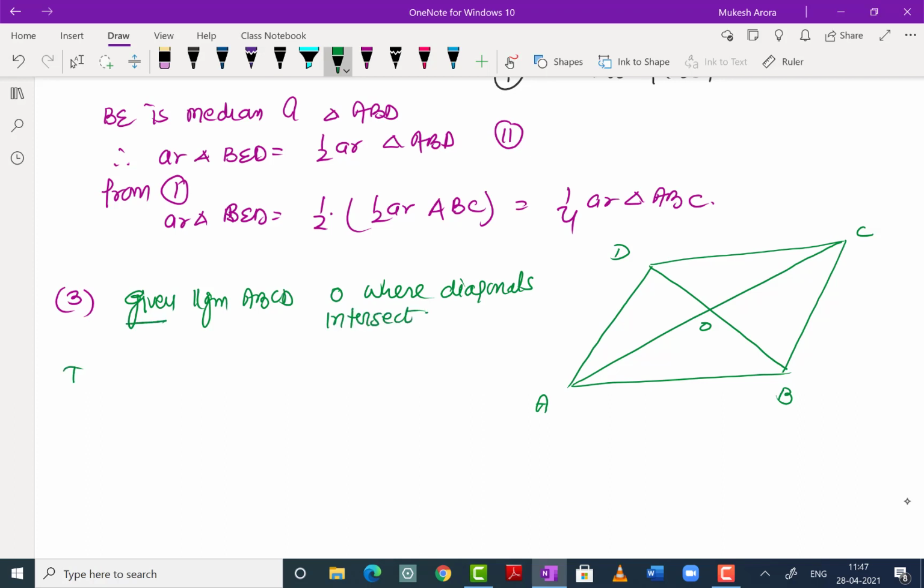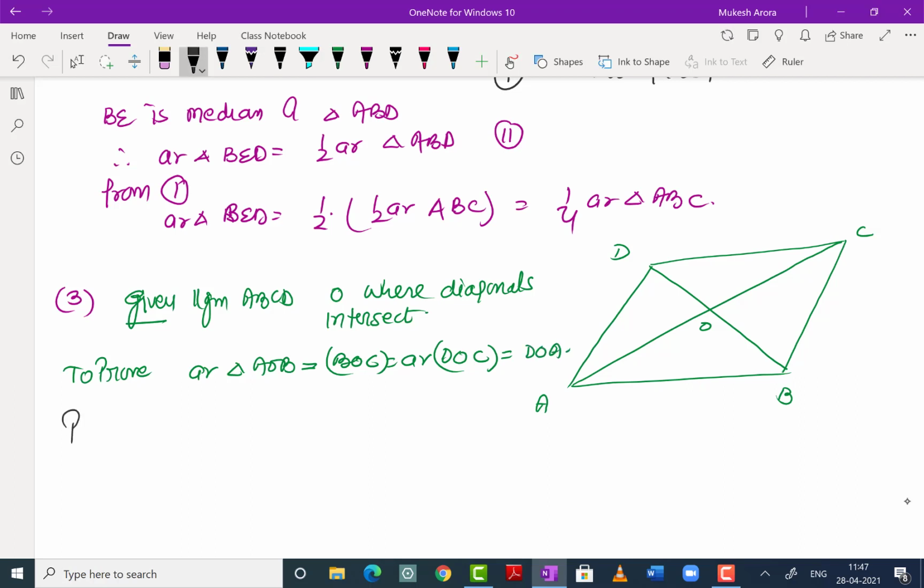We have to prove area of triangle AOB is equal to BOC is equal to DOC is equal to DOA.